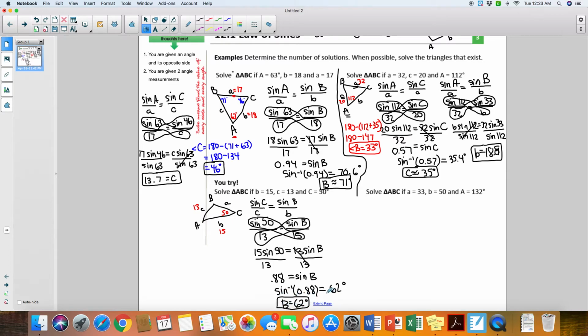All right. So once you got B, you should have then used your triangle sum theorem. So angle A should have equaled 180 minus 62 plus 50.